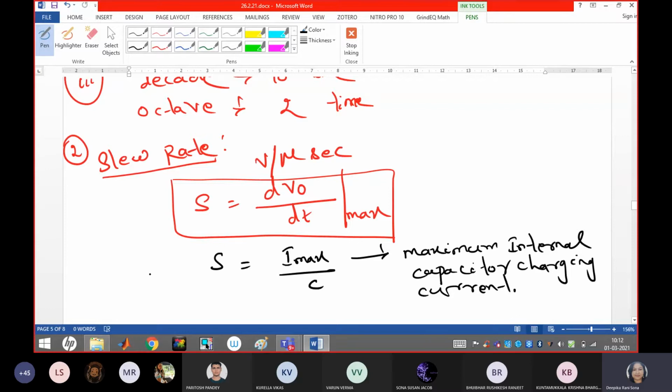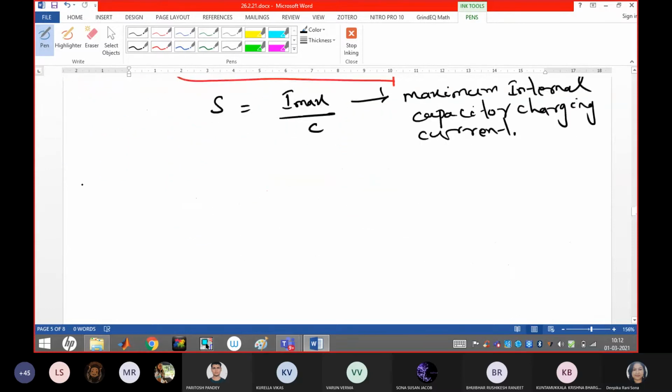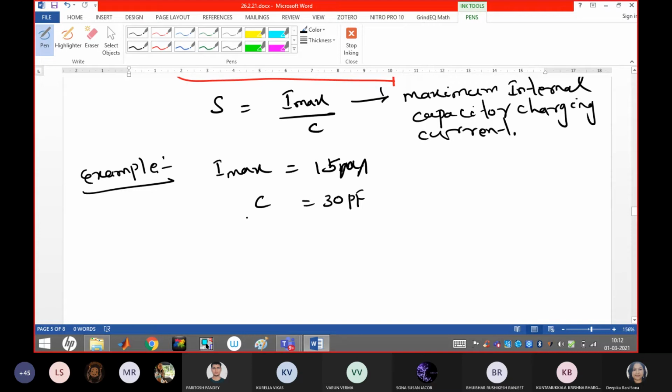So for example, for IC 741, if the data given is Imax equal to 15 microamp and the internal capacitor is 30 picofarad, what should be the slew rate with these two data?